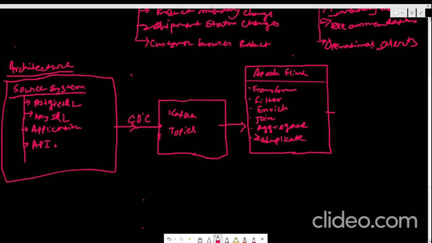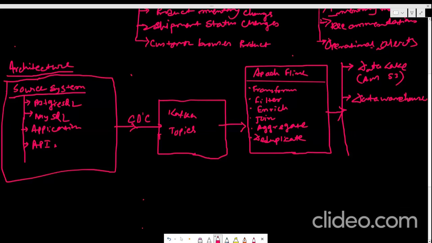And then it will go to several kinds of target systems. That also we will call out one by one. It can go to some data lake. You can consider AWS S3 as the data lake. Next, it also can go to some data warehouse.